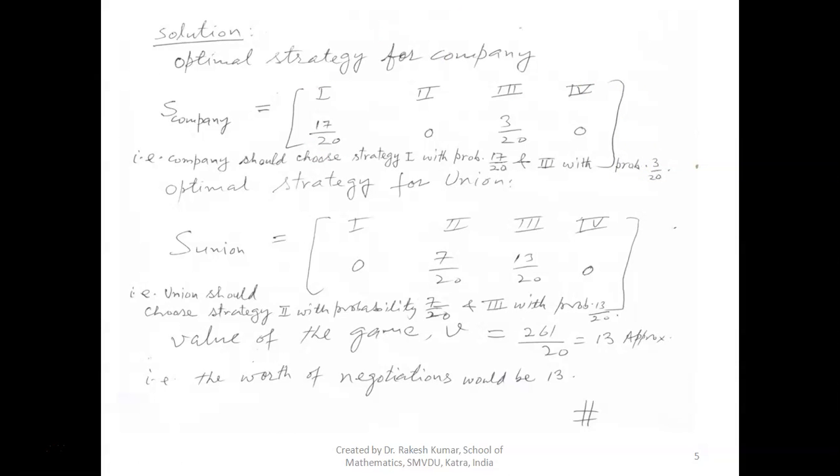Supposing S company is the optimal strategy for the company and S union is the optimal strategy for the union. By using the mathematics available in game theory, we have solved this conflicting problem, and we have obtained this solution.